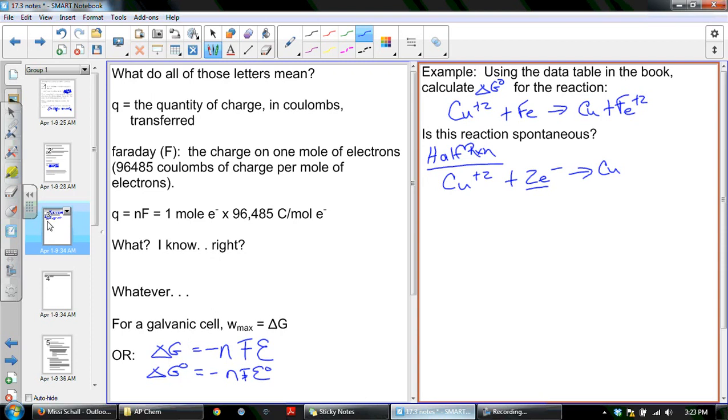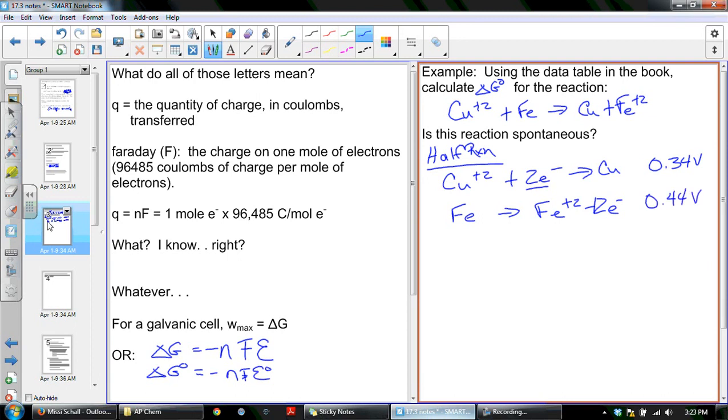If we look on our data table in that book that I showed you, you get 0.34 volts. Now, that's reduction. Here's our oxidation reaction. That has to be Fe goes to Fe2+ plus 2 electrons. And if you look again on that table in the book, you would actually get negative 0.44 volts.